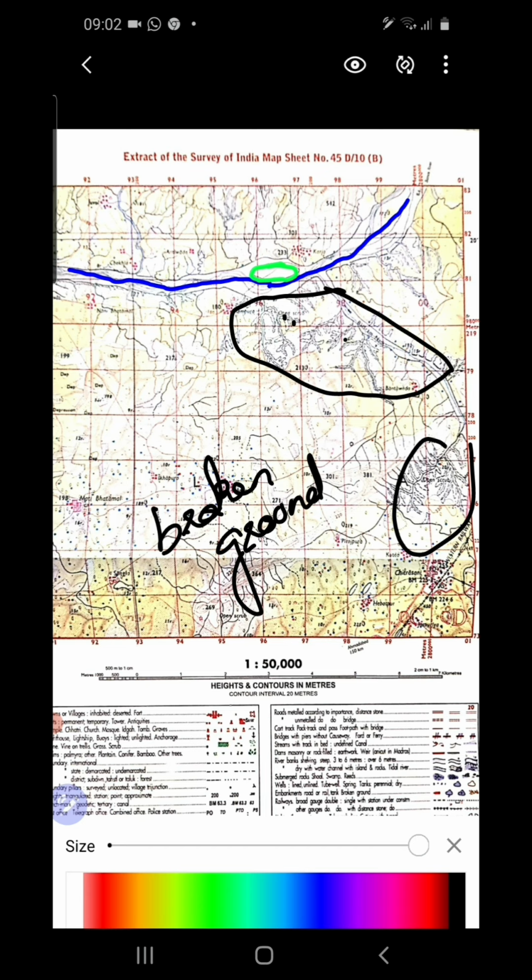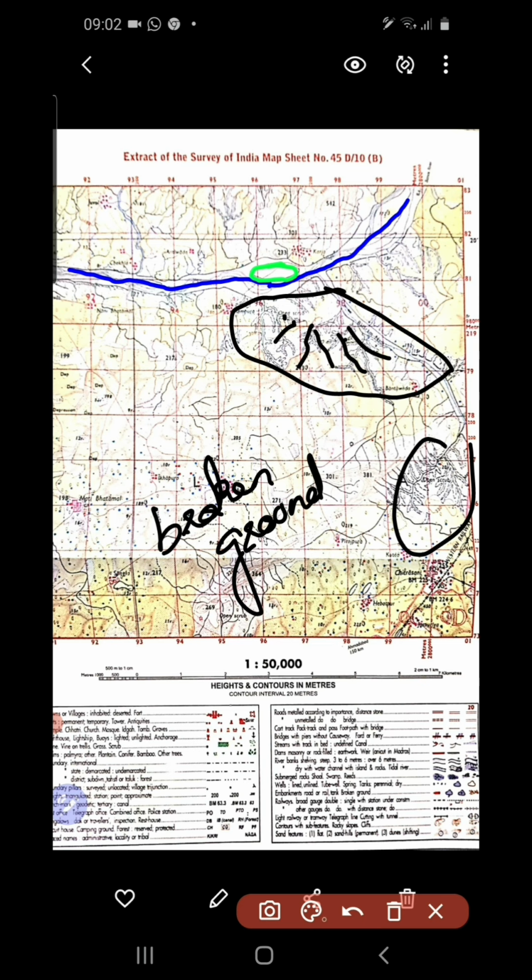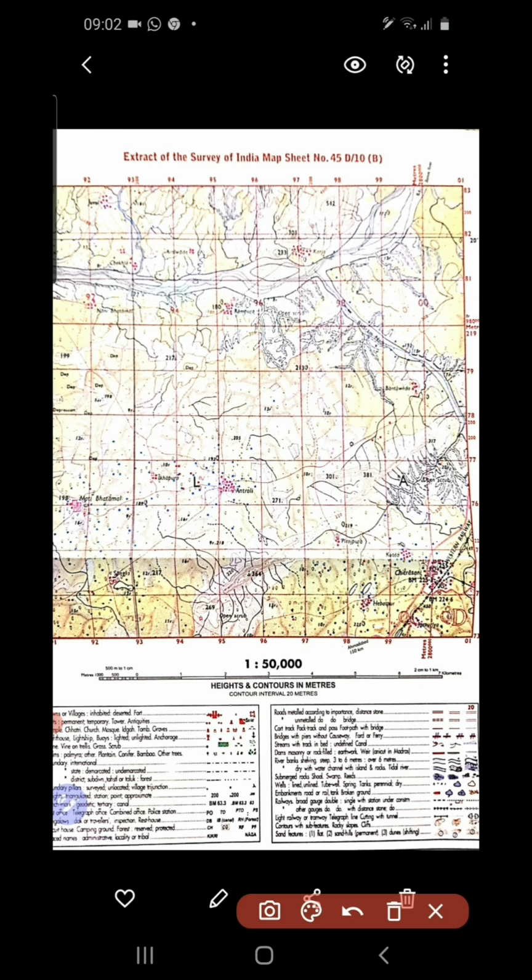Now in the summer season, due to the extreme heat, the land dries up, and later some cracks appear. That kind of crack is shown in the form of a black curved line in the survey map. So whenever you find this black curved line, you understand it is broken ground.